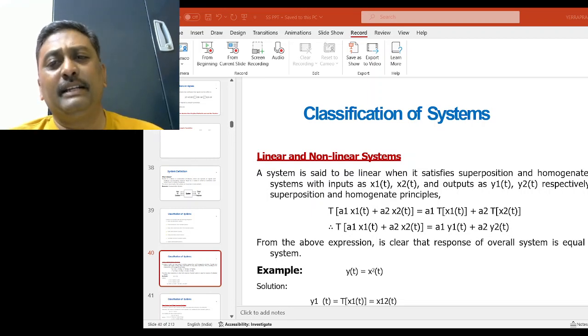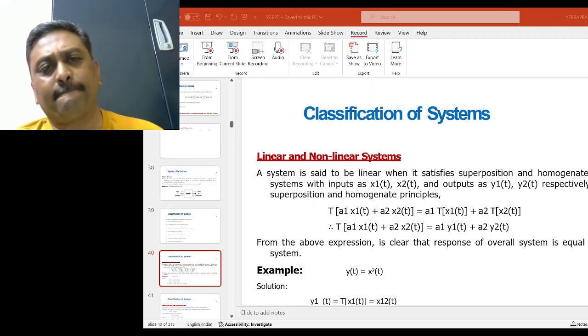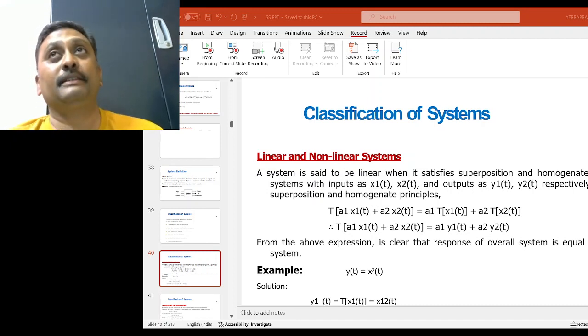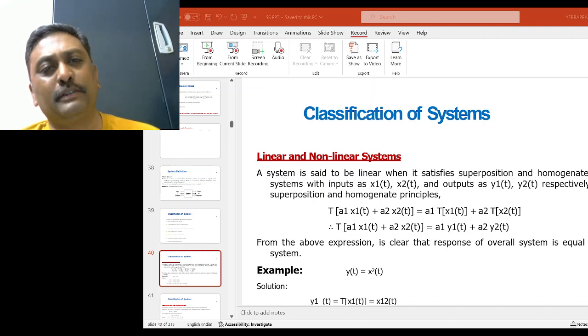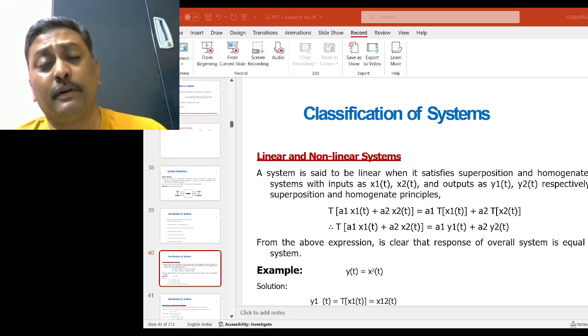A system is said to be linear when it satisfies superposition. So what is meant by superposition? The superposition definition states that the output is the sum of the individual outputs, that is, the output is taken accordingly with respect to all the inputs.